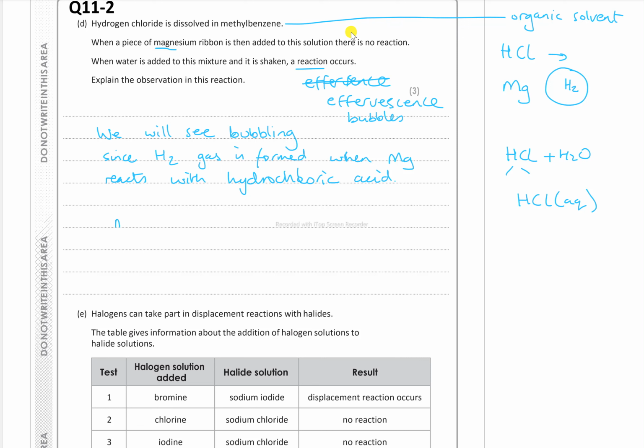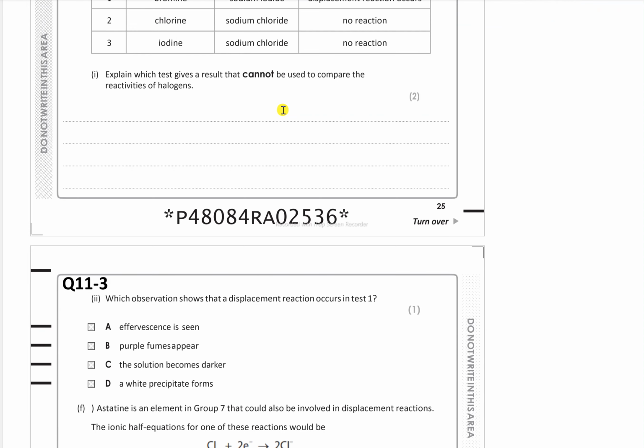You also see that the magnesium ribbon will disappear or get smaller. Right, okay, let's move on.